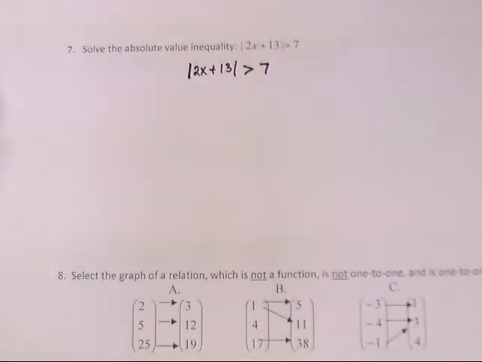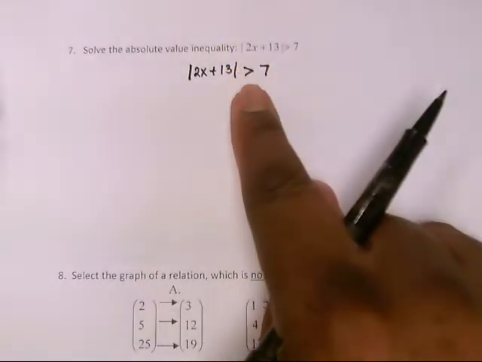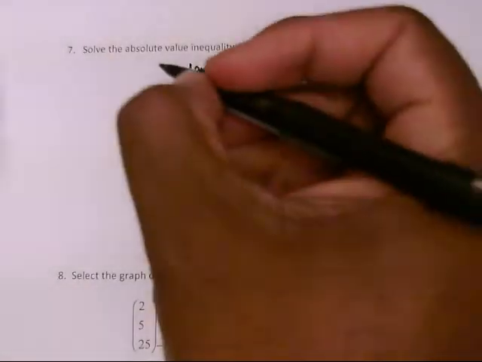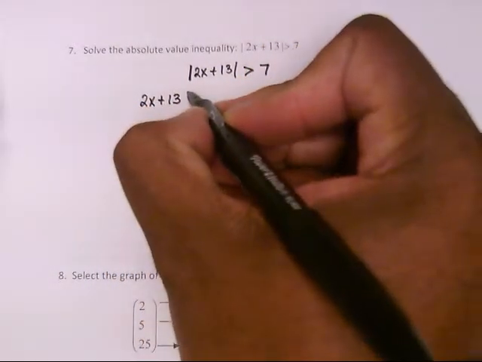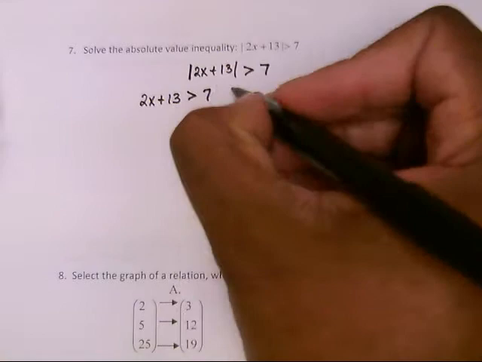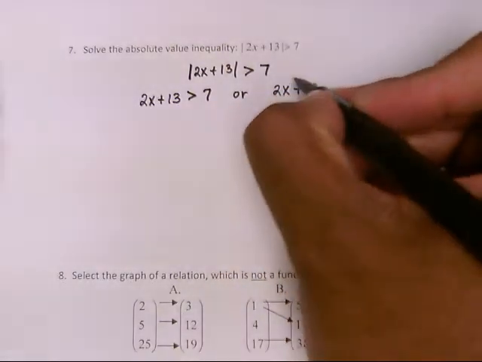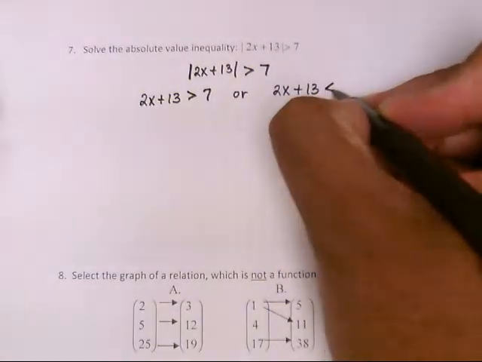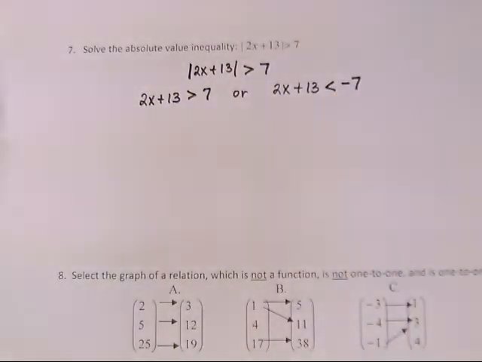Now, had that been less than, then we would have to write it as a compound inequality. But this says greater than. That tells us we need to write it as two separate inequalities here. The first inequality would be 2x plus 13 is greater than 7, or 2x plus 13, we switch the inequality symbol from greater than to less than and change the sign from a positive 7 to negative 7.